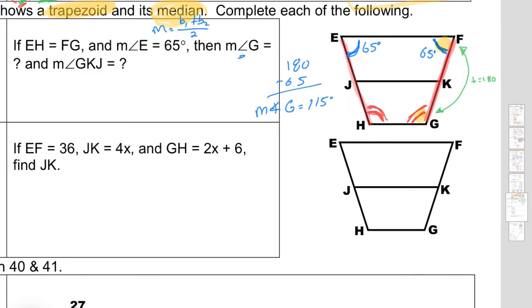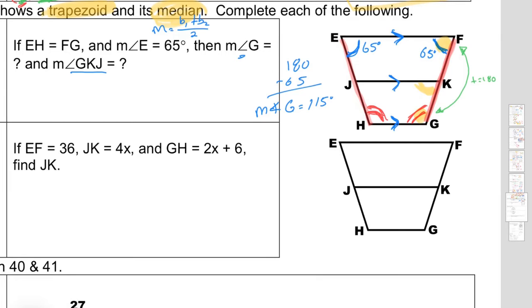And so the second question, it says, what is the angle measurement of angle GKJ? So angle GKJ is here. One thing we got to look at is, one, these lines are parallel, but also the median is parallel.